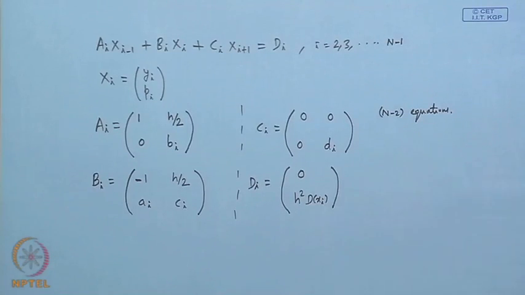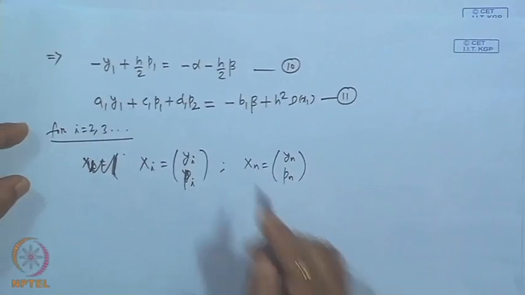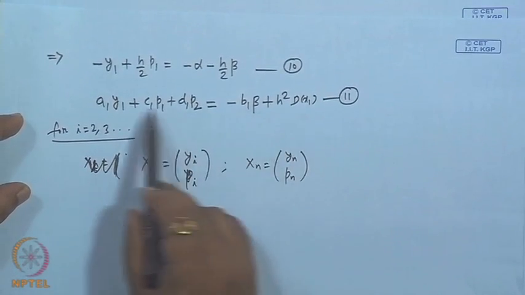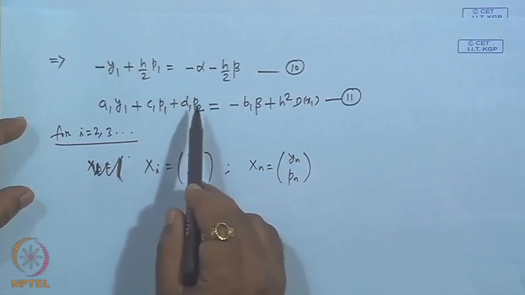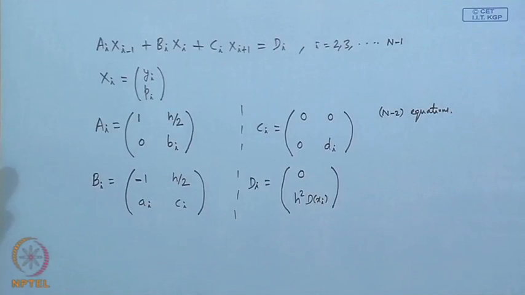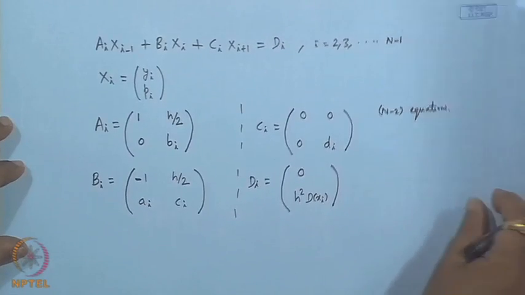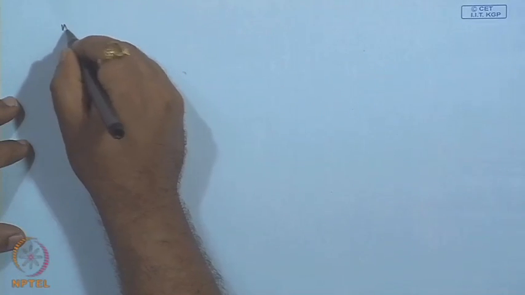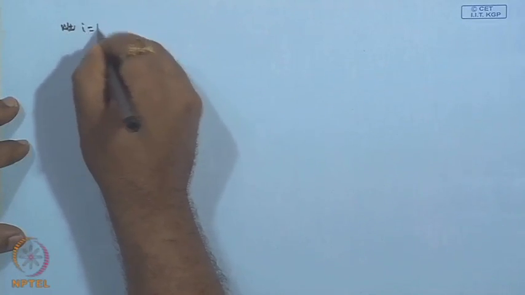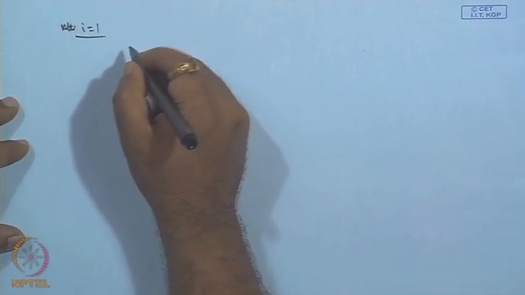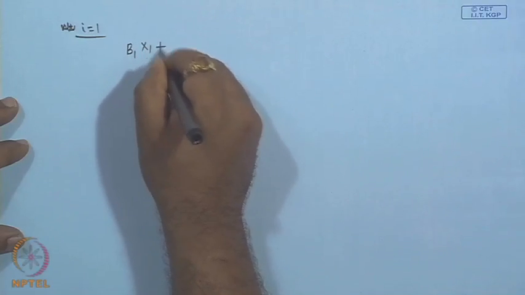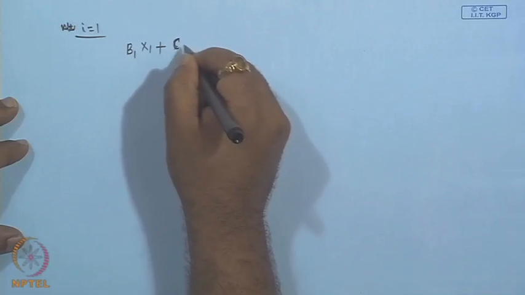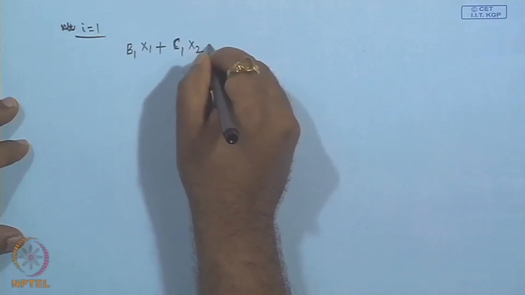But we had written something for i equal to 1. So, for 1 we have written, and this also can be put in matrix form probably. Okay. So, let us put it. The i equal to 1 case can be written as b 1 x 1, c 1 x 2.